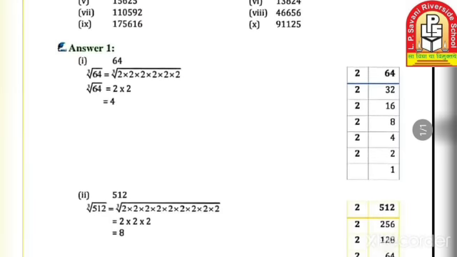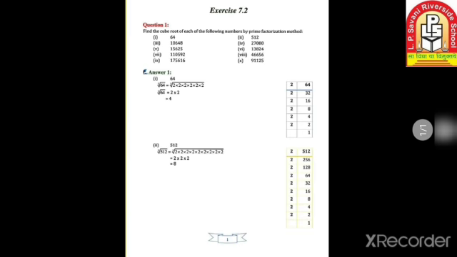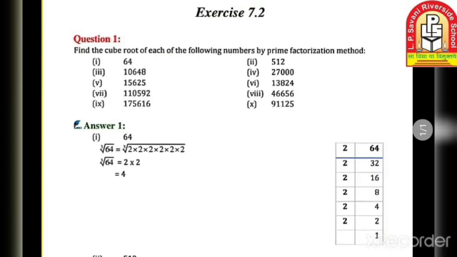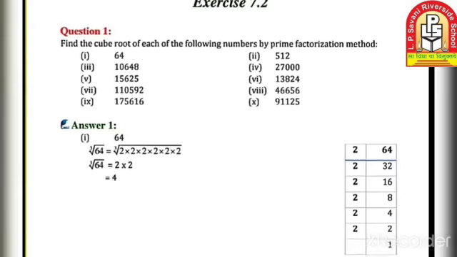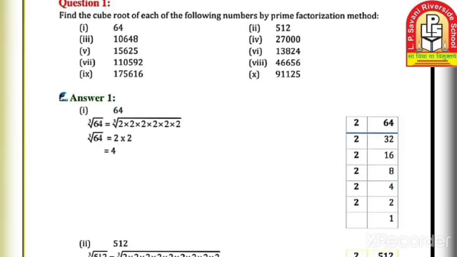Let's take the first example, 64. It is the easiest example, nothing else. Okay, so you have to solve this kind of example easily. Let's take 64. 64 is divisible by 2, which is the smallest prime factor.